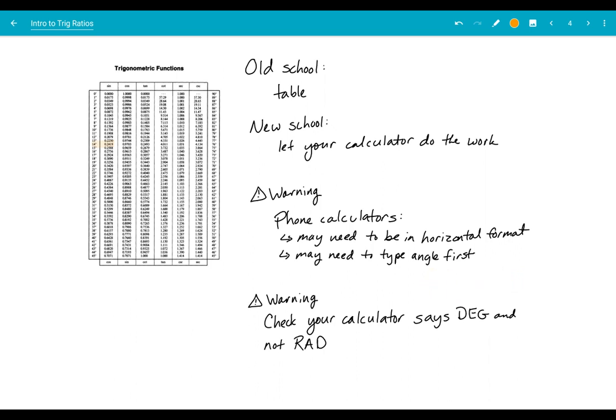Usually it's the other way around, but phone calculators can be a little odd like that. Last, and this is true for any calculator, you should be in degree mode, as indicated by the letters DEG, and not rad mode. You'll get seemingly good-looking answers with radian mode, but they won't be the same ones that we're looking for in our class. You'll learn a little bit more about radians in Algebra 2.